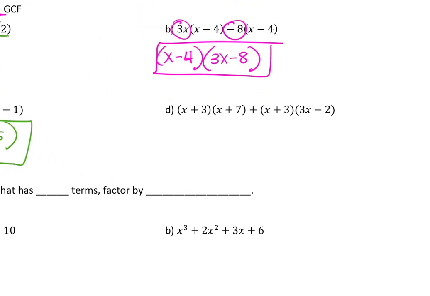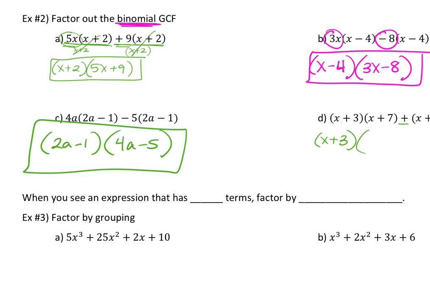This one is binomial plus binomial times binomial. So what can you factor out of it? The x plus 3. The x plus 3 is the same, so we can factor that out. Okay, what we're left with, we said we do what we see. So like on this one, we were left with a 4a, and we went 4a minus 5, right?